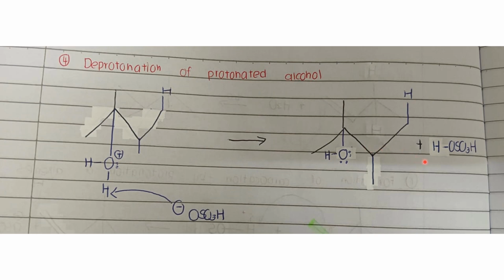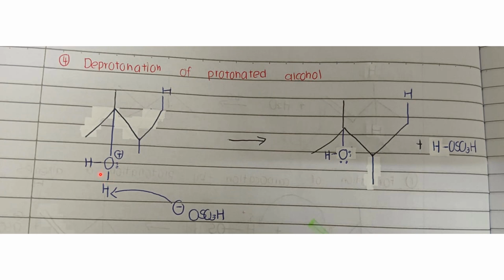And the HSO4 here actually acts like a base, grabbing the hydrogen. It takes the hydrogen atom from the positively charged oxygen, and this causes the bond between hydrogen and oxygen to break.